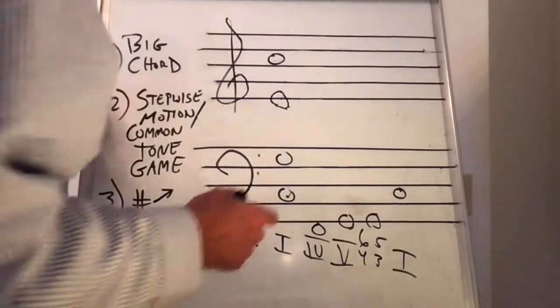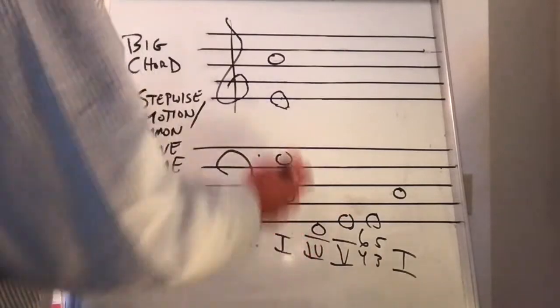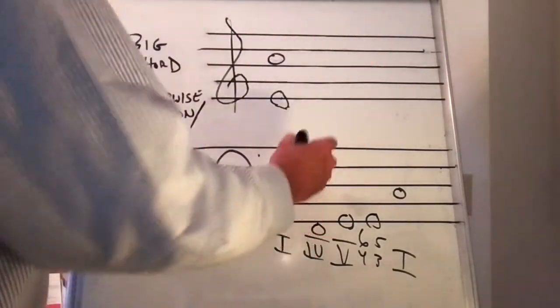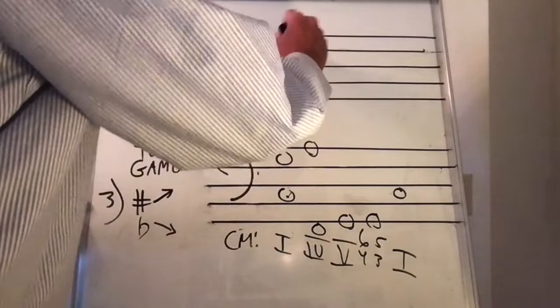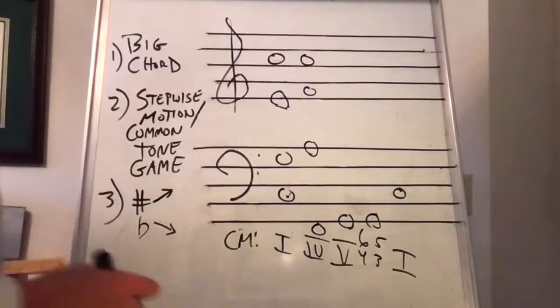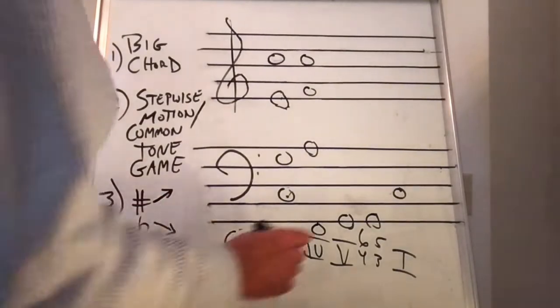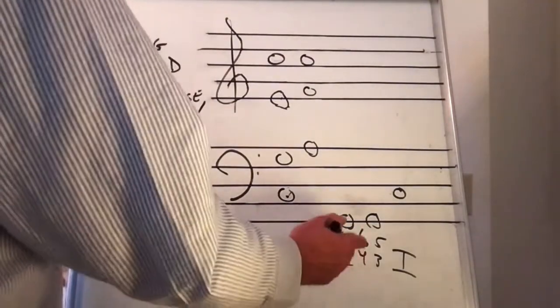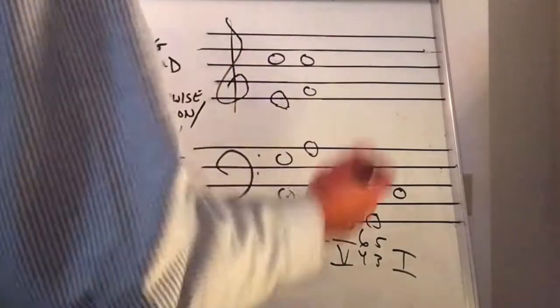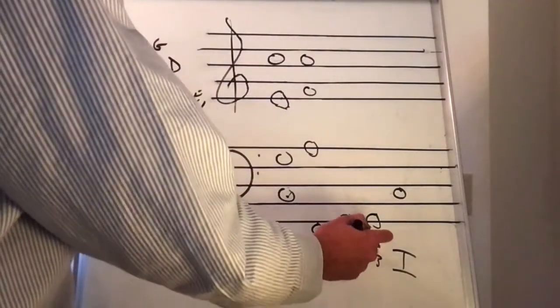Okay? And now we go about using all the skills we've learned. So when we went to a 4 chord, remember we had the common tone C here and the F and the A. Okay? And now this chord is sort of mapped out for us with a 6/4 instruction.